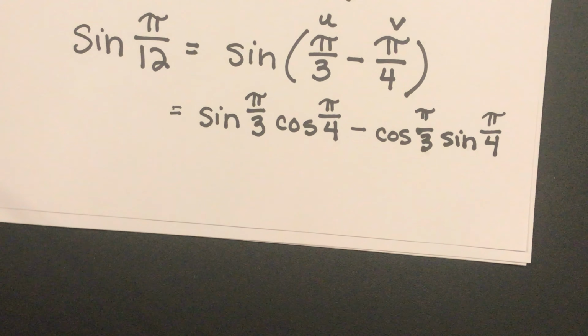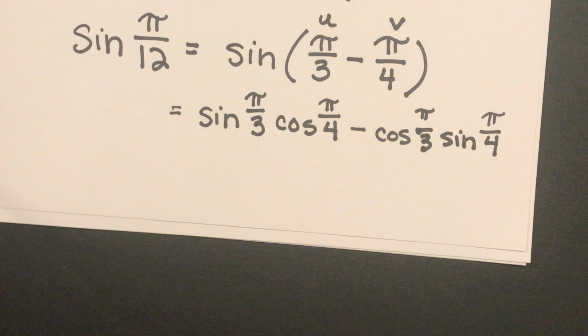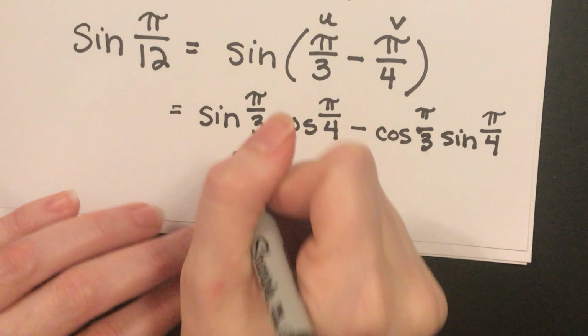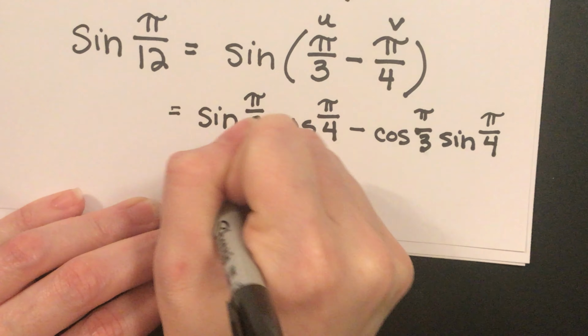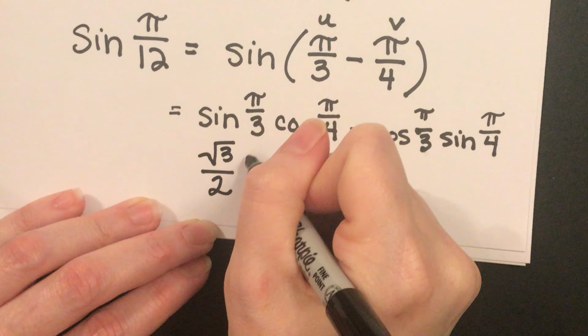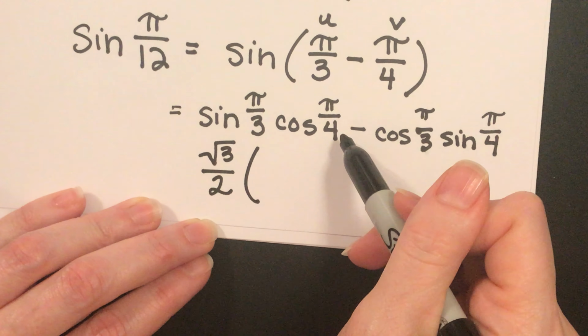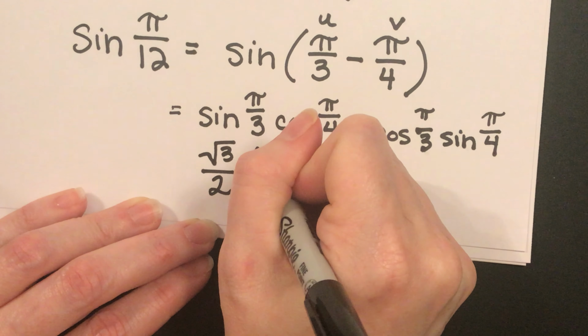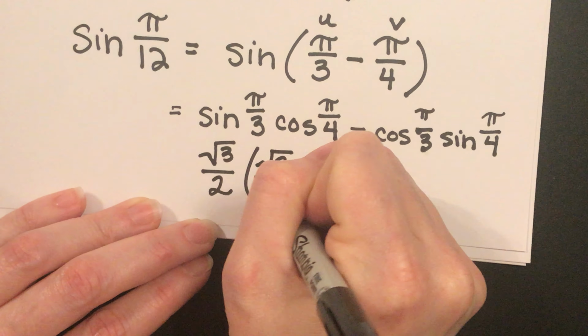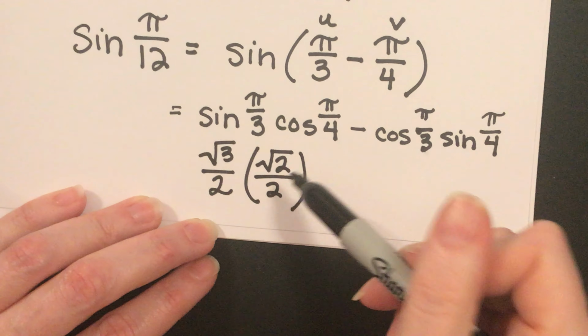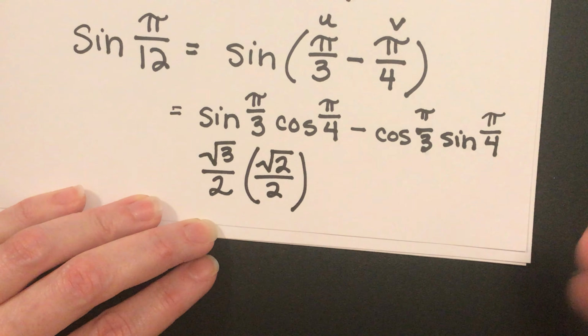is, I'm checking my chart because I just want to do it the easy way. Sine is y, so the sine of pi over 3 is the square root of 3 over 2, times the cosine of pi over 4. I do have that one memorized. All the fourths are some form of square root of 2 over 2, right?